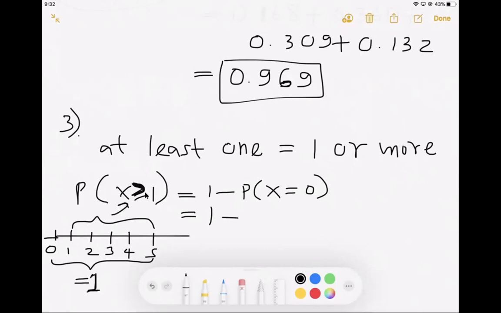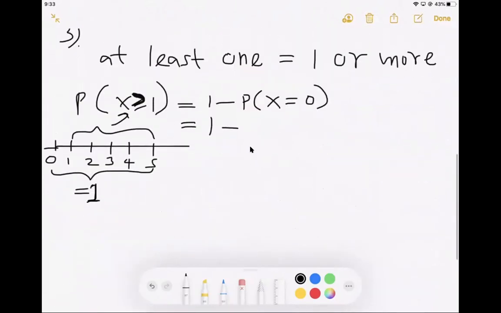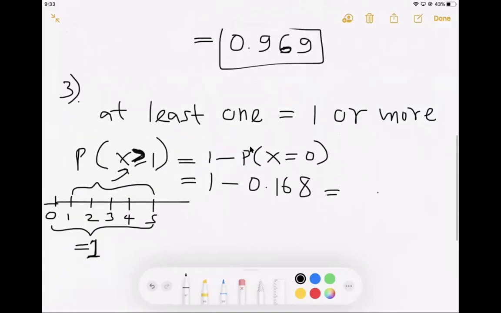So what is that one? Probability of x is equals to 0. Actually we got that value here. The first part, it is this 0.168. So I will just write it here, 0.168. So what is the answer? 0.832.